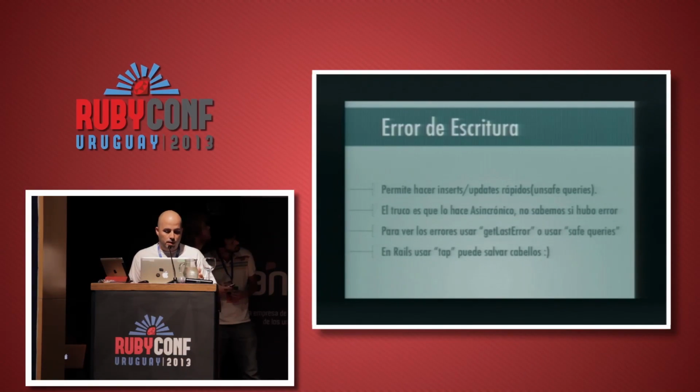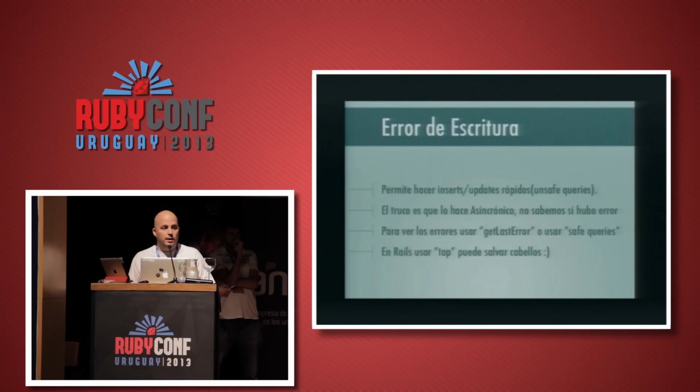The writing errors. MongoDB uses unsafe queries, so you can do fast writing in the database. The trick is that this is done asynchronously, so we don't know if there was an error or not. To see the errors, you can use the function called getLastError or use safe queries.